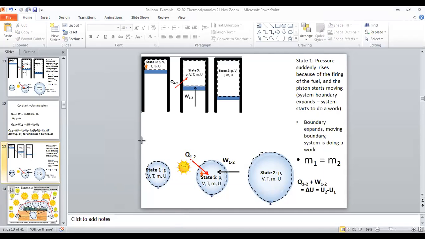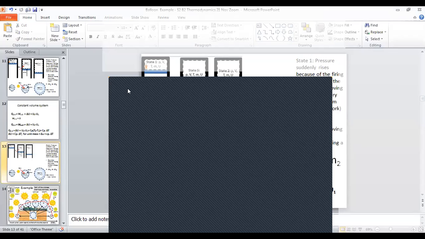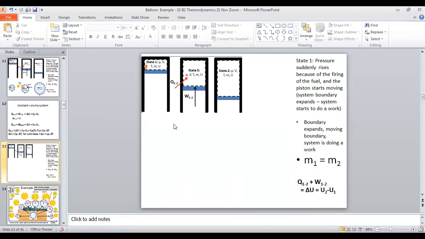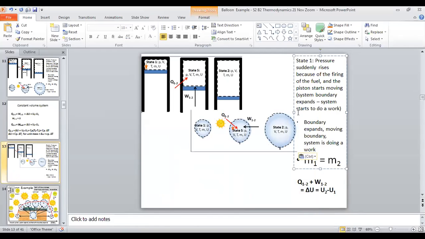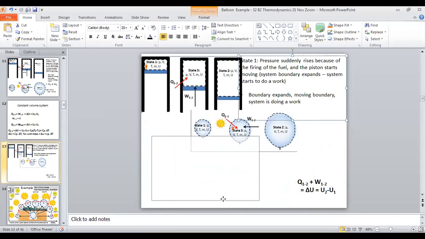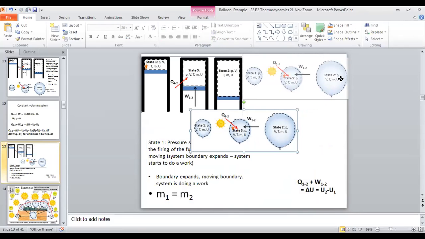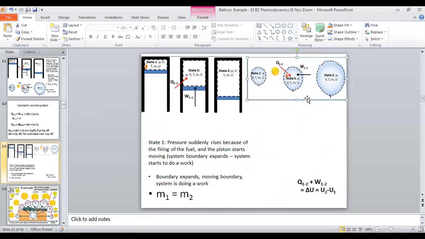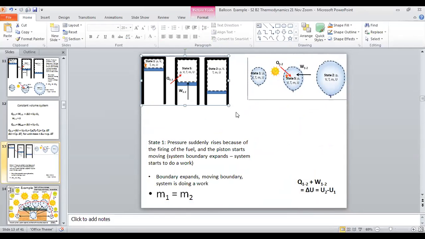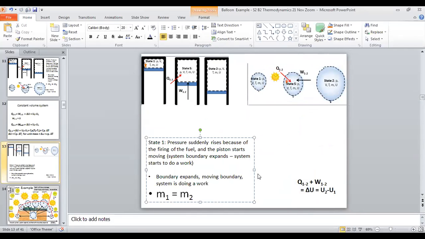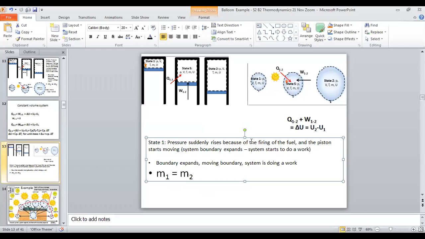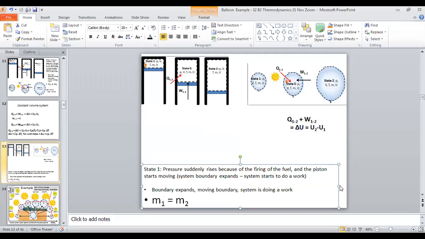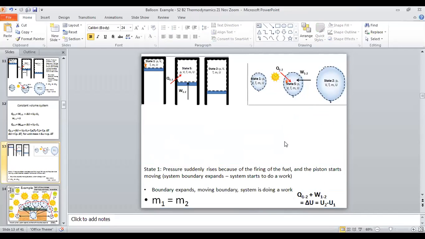Balloon example. So I take this one. Two cases side by side. Just leave the text here. Okay, good.